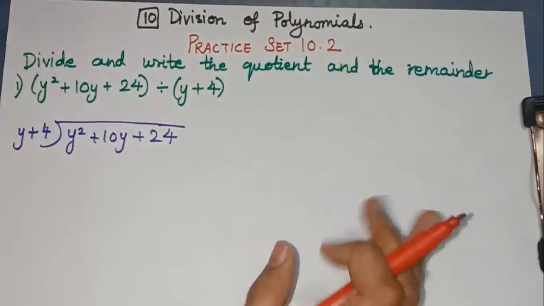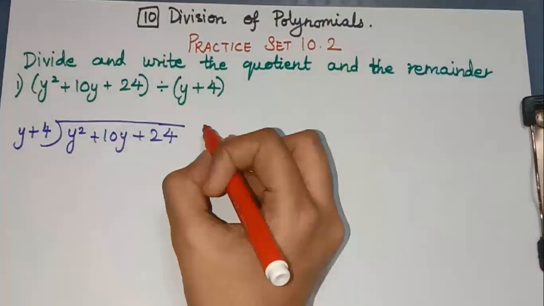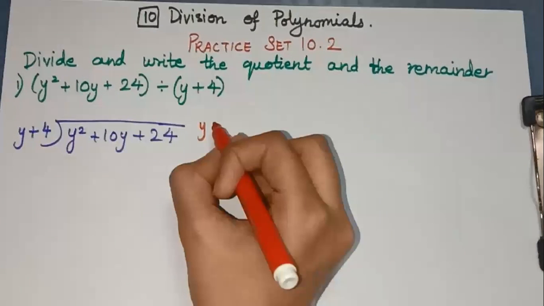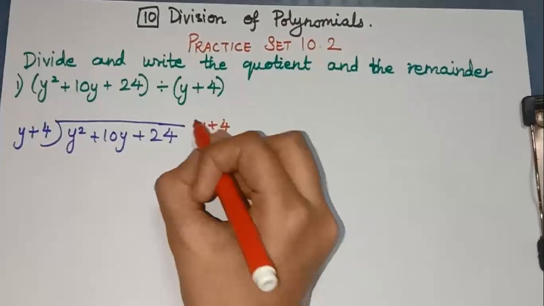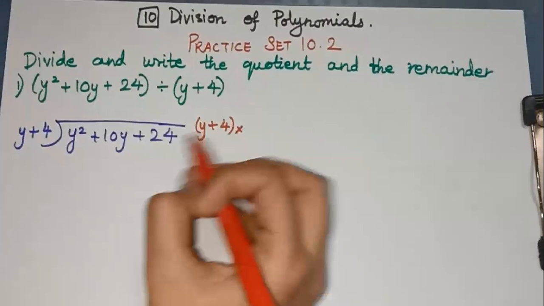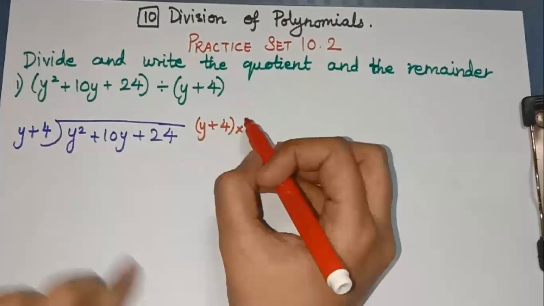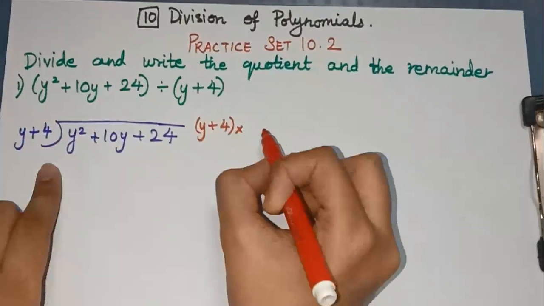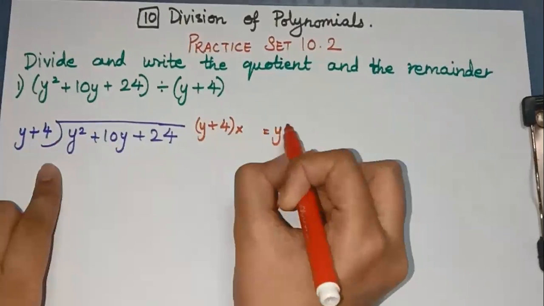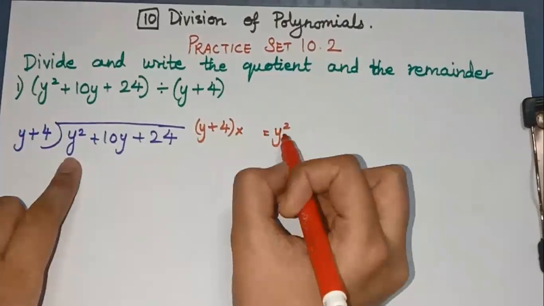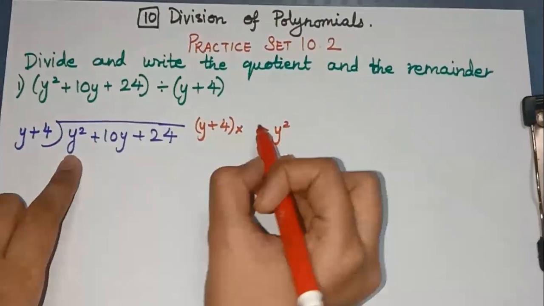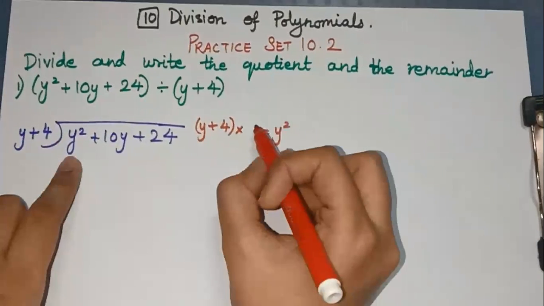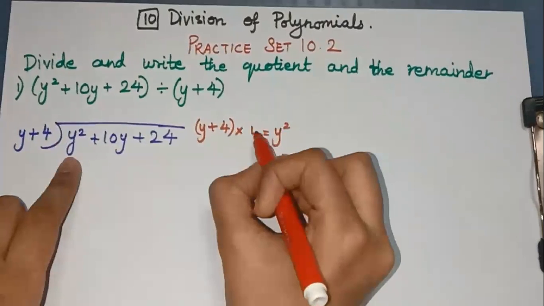So I have y plus 4 as my divisor. So y plus 4 multiplied by what will give me y square? I need y square, right? So y multiplied by y will give me y square.